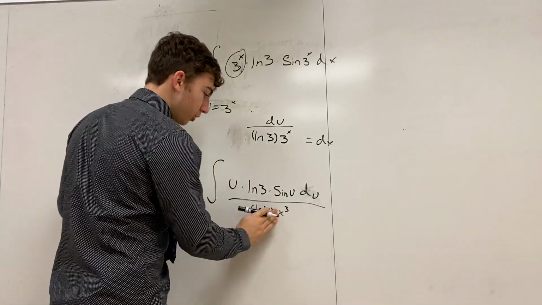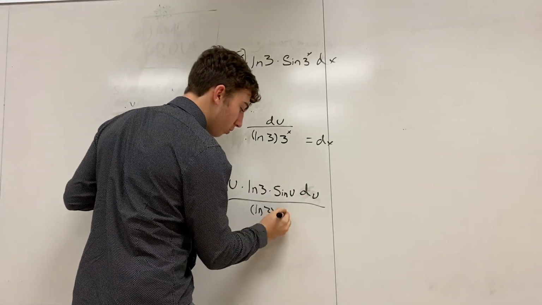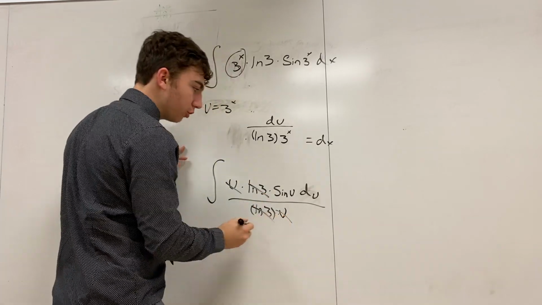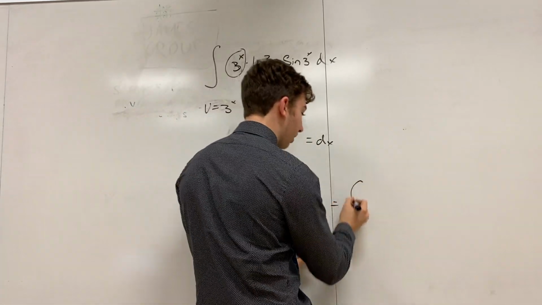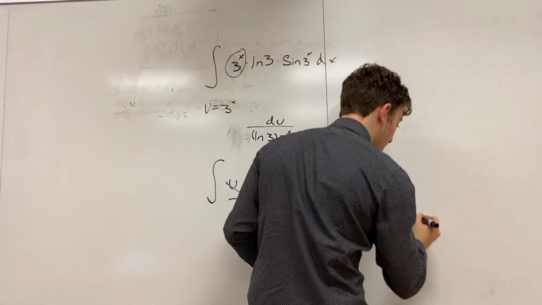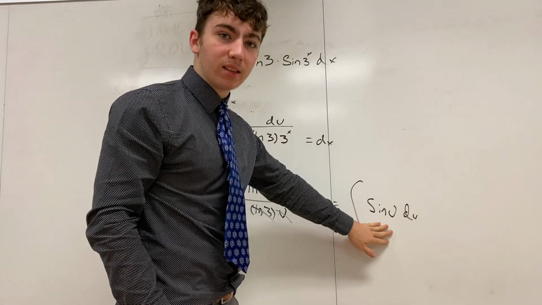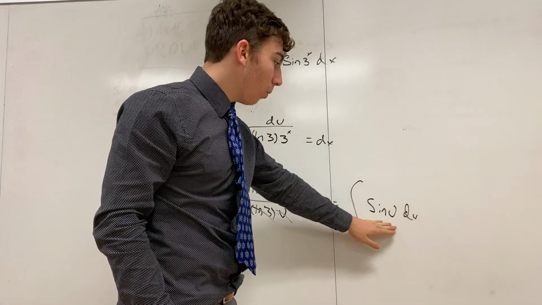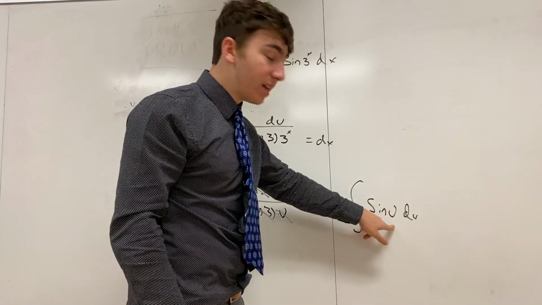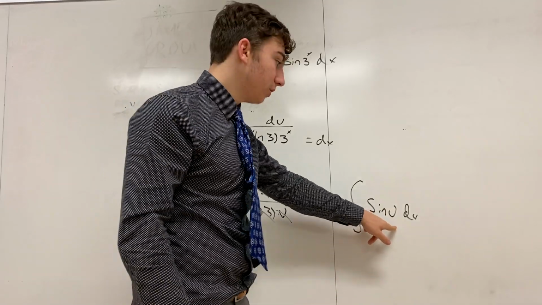So we can change this into u, then we can cross those out. The ln's of 3 can also cross out. So now we're just left with the integral of sine u du. When we're taking the integral of sine, we take the integral of the outside, then divide by the differential of the inside.